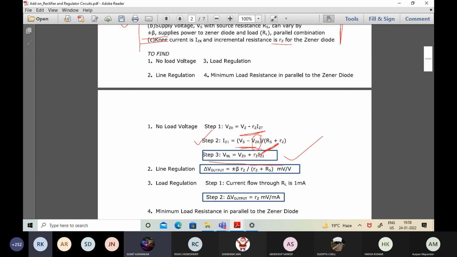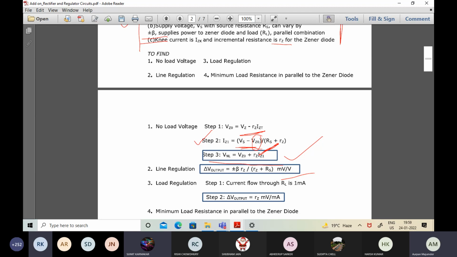Now, the question that someone asks is about the necessity of this no load voltage and all. Well, there are two prime aspects that we need to get through. One is called line regulation, the other one is called load regulation. What is the line regulation factor of the Zener and what is the load regulation factor of the Zener? This is an important thing over here. So if I talk about line regulation, look at the formula which has directly been applied to make you understand what line regulation is all about.